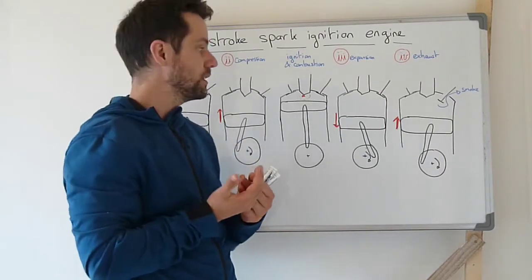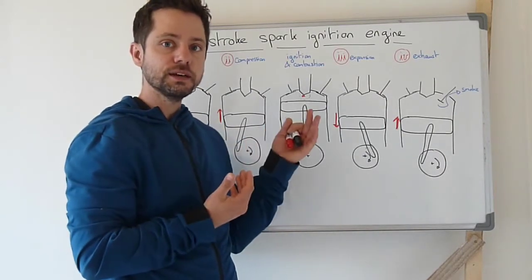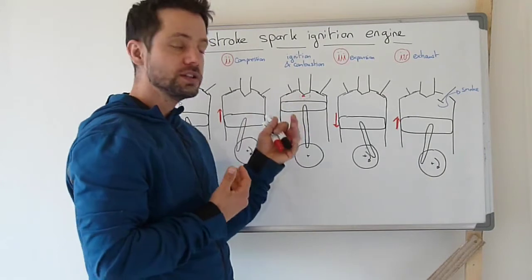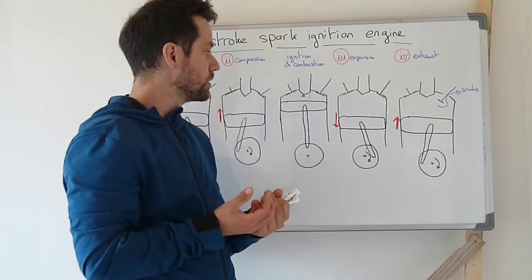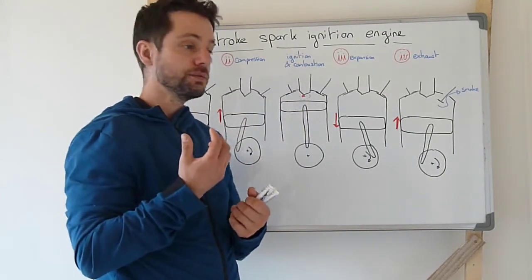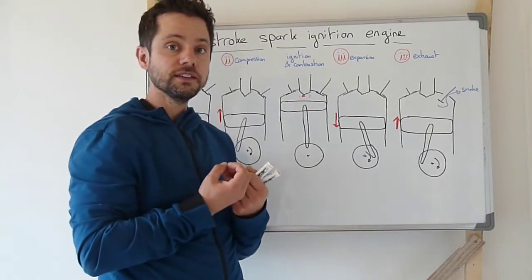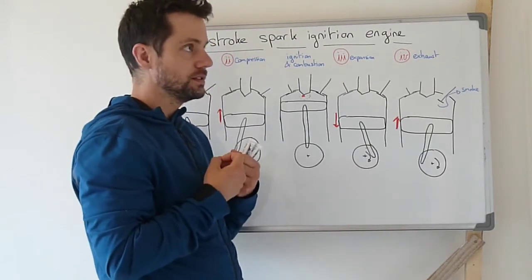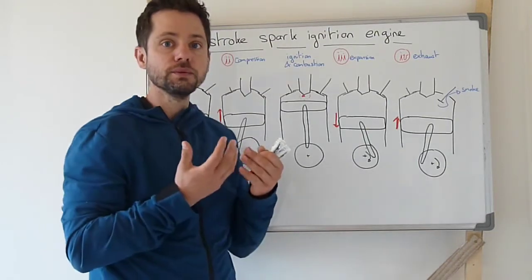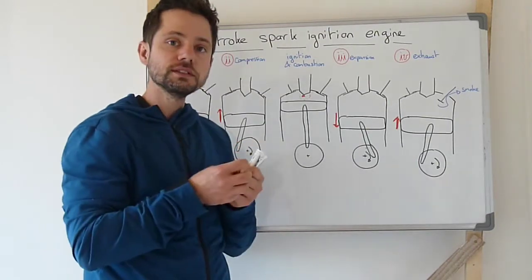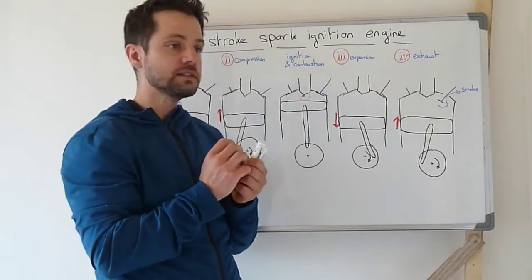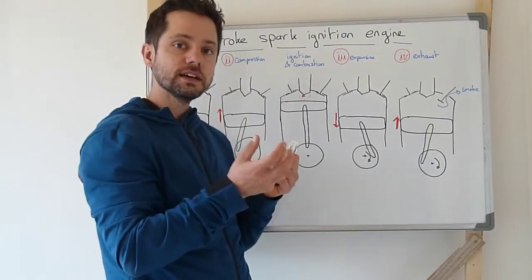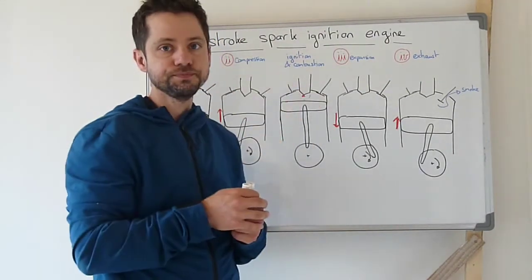So that's one of the particularities of this type of engine. Combustion is very fast. Combustion will release a lot of heat, and this heat will tend to suddenly increase the pressure and the temperature inside the clearance volume.